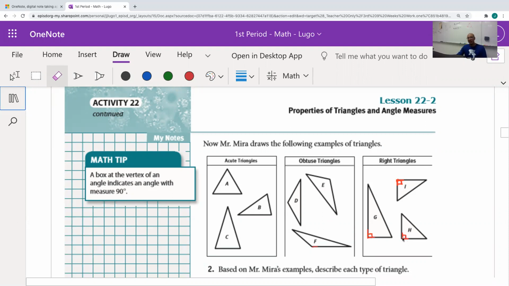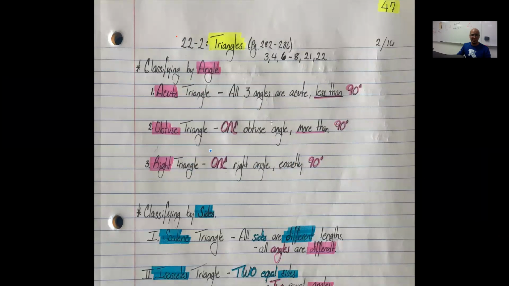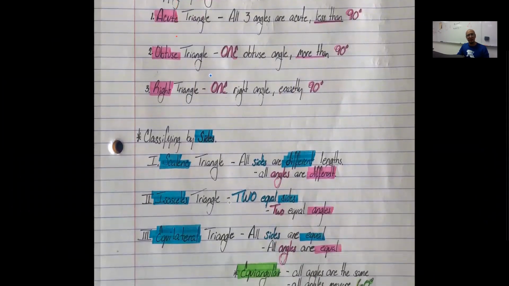And so as soon as you see that right angle in a triangle, you know that that is a right triangle.